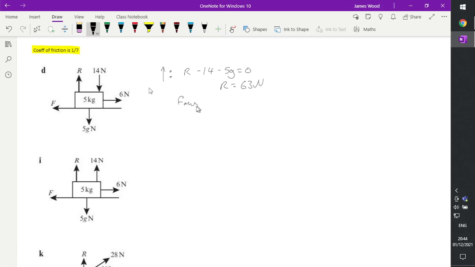So then the maximum friction is going to be mu R, so that's 1/7 times 63. So the maximum friction is 9 newtons. So in this case here, if the applied force is 6, that would mean that the friction is just going to be 6 newtons, and the acceleration will therefore be 0, it just wouldn't move.